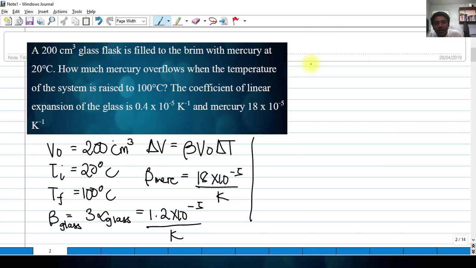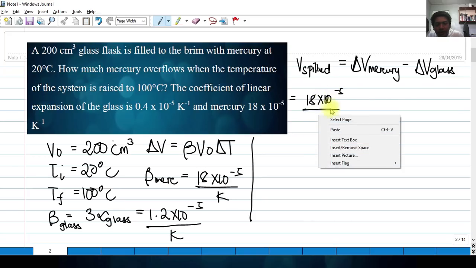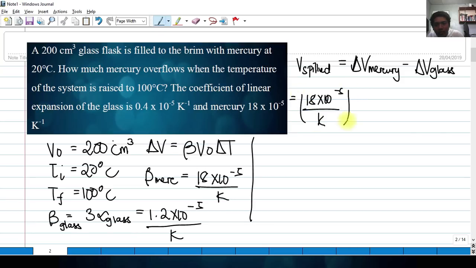So in order for us to get the volume of the spilled or overflowed mercury, we have to subtract the delta V of the glass from the delta V of the mercury. So we have the beta of mercury, that is 18 times 10 raised to negative 5 per Kelvin, multiplied by the volume of the mercury, which is 200 cubic centimeters.